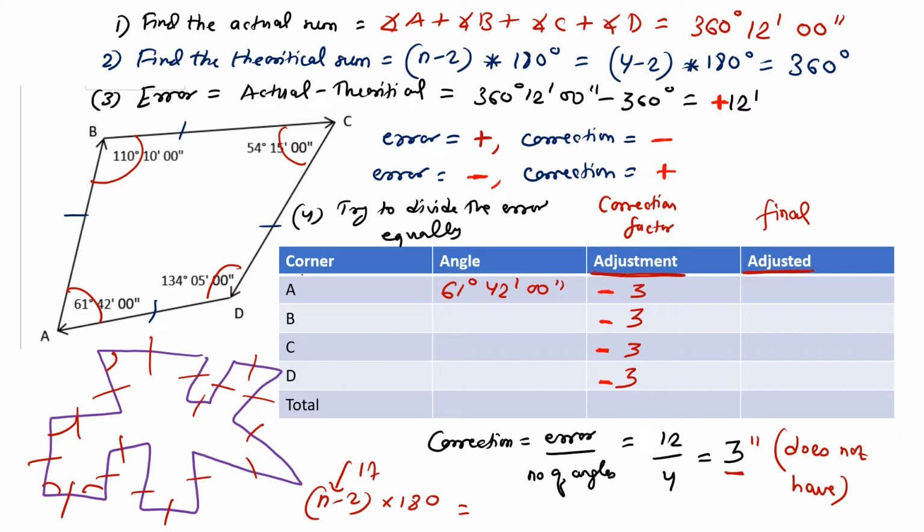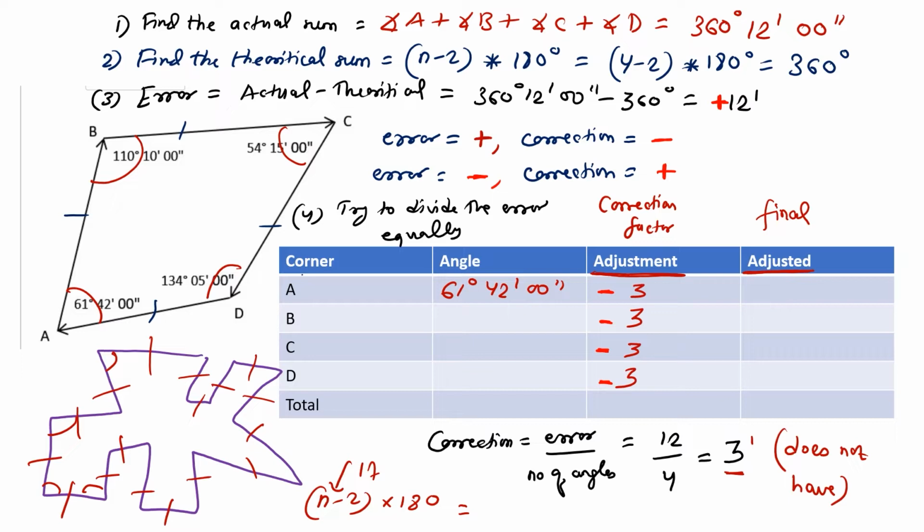61°42'00". If you subtract this 3 minutes from here, what would be the final angle? So 61°42'00" minus 3 minutes of error. I'll try to solve this.